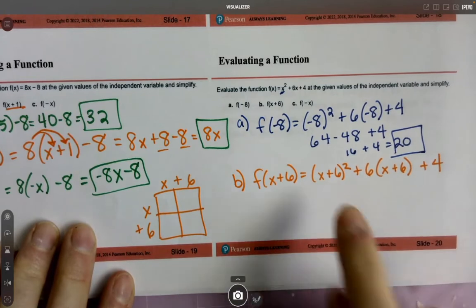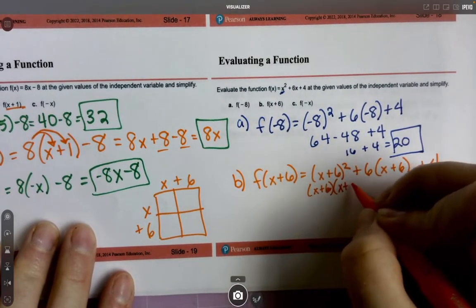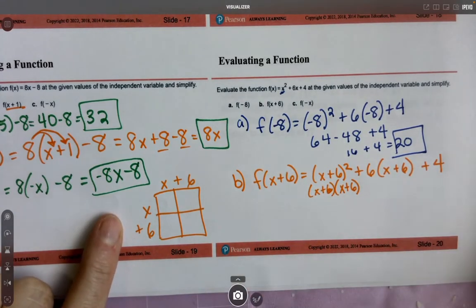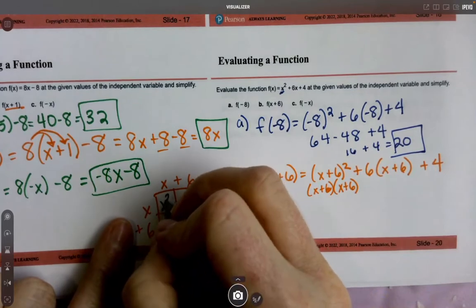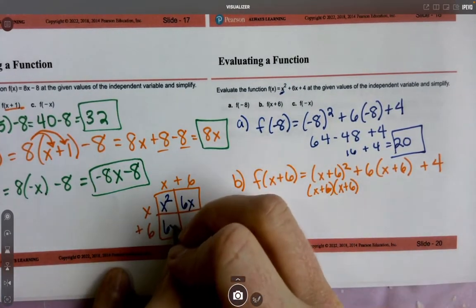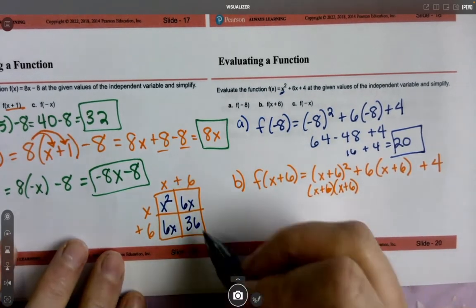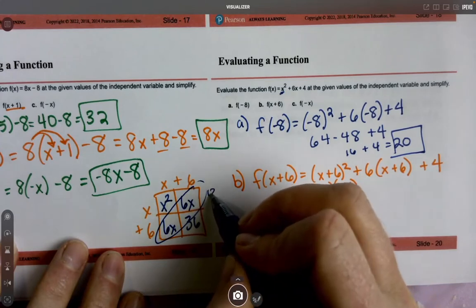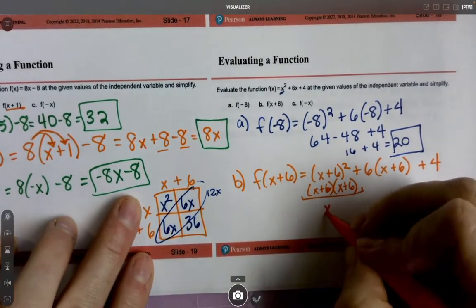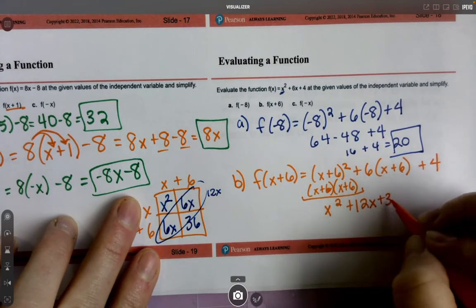We're multiplying because this really means x plus 6 times x plus 6. All right. So I would get x squared, 6x, 6x, and 36. 6x and 6x make the 12x. So this is going to be x squared plus 12x plus 36.